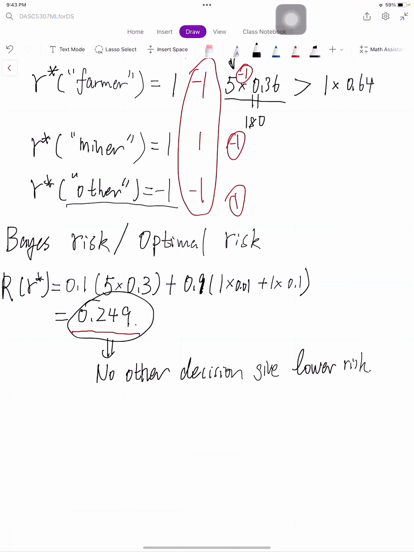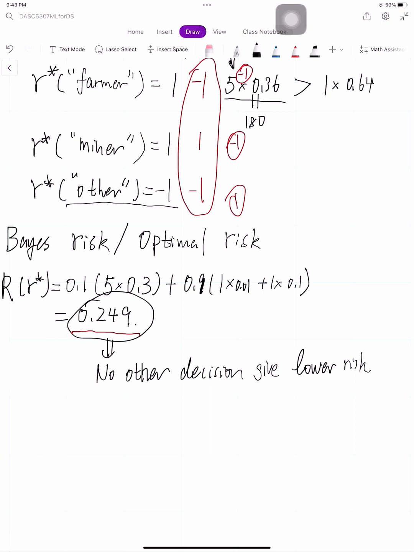So in the last video we gave you the example to derive the Bayes risk for the cancer problem, and we showed that this decision rule will give you the lowest risk.